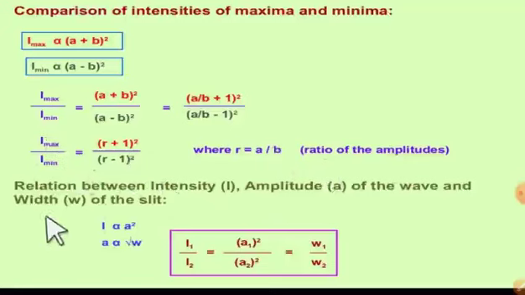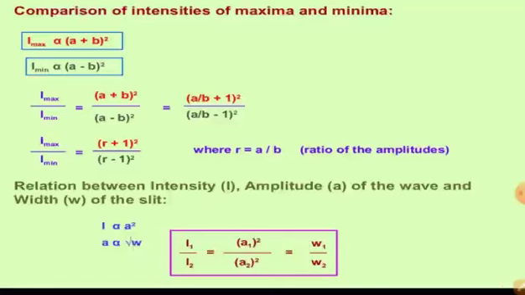Got it? And if you want to express this intensity in terms of the width of the slits of the two sources, then it can be expressed that intensity is directly proportional to the square of the amplitude. We know it. And this amplitude is again directly proportional to the square root of the width of the slit. That slit means what?